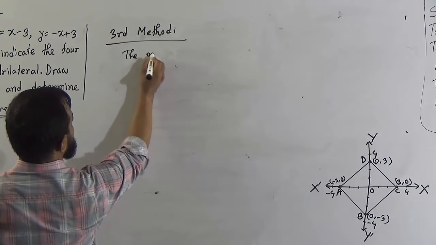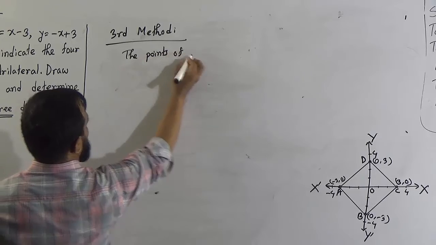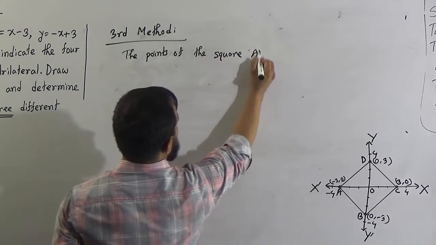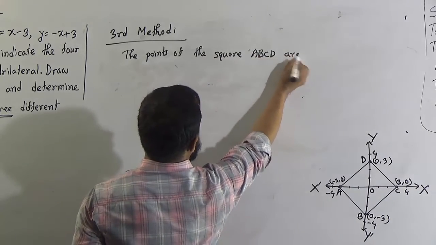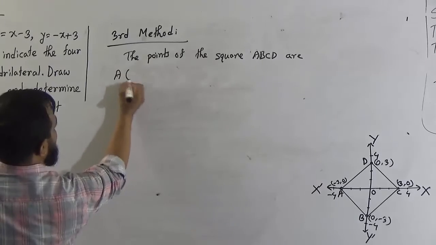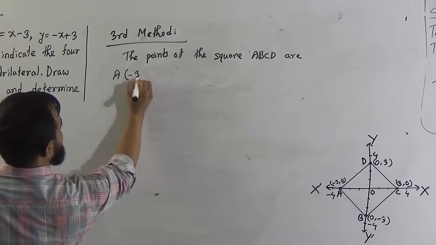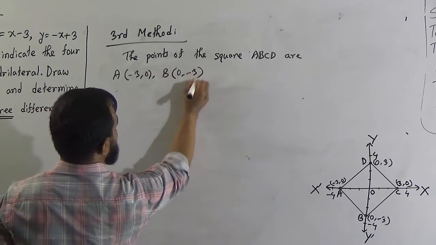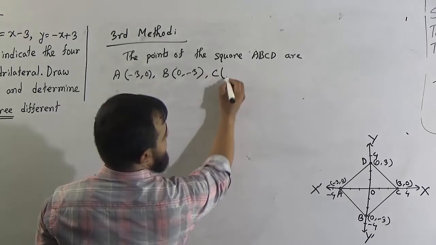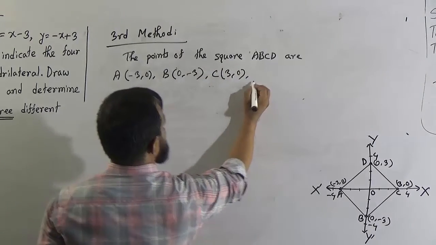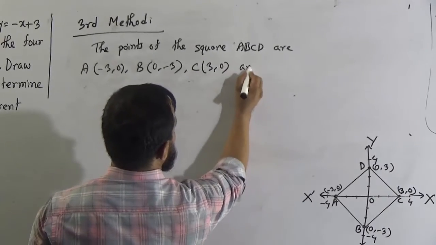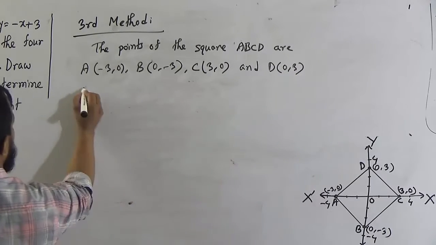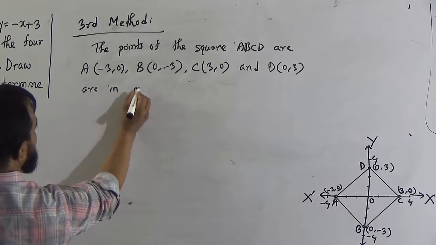The points of the square ABCD are A(-3, 0), B(0, -3), C(3, 0), and D(0, 3), in anti-clockwise order.